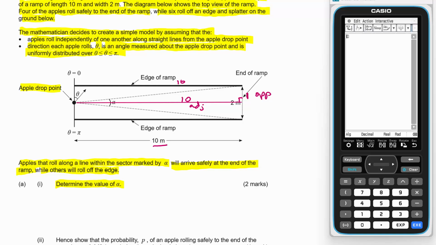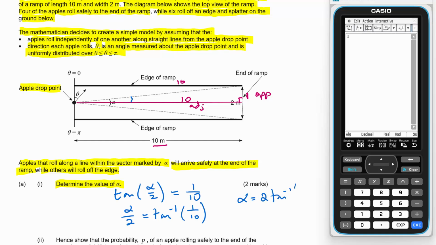Remember this angle here would be half of alpha, so tan of alpha over 2 is equal to 1 over 10. So alpha over 2 is the inverse tangent of 1 over 10, and then alpha would be twice the inverse tangent of 1 over 10.